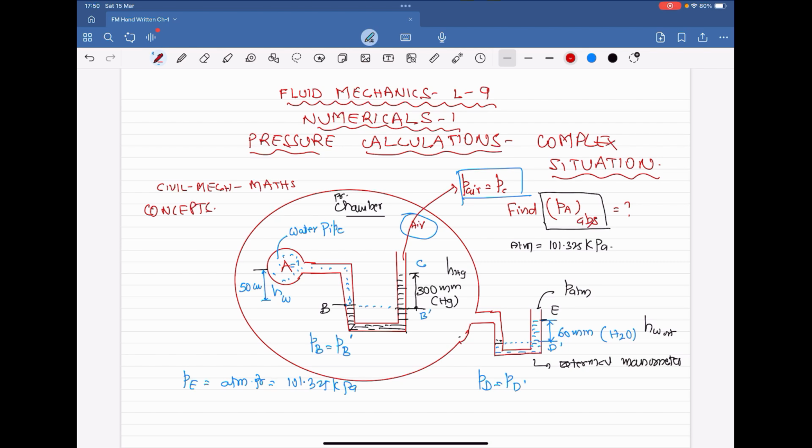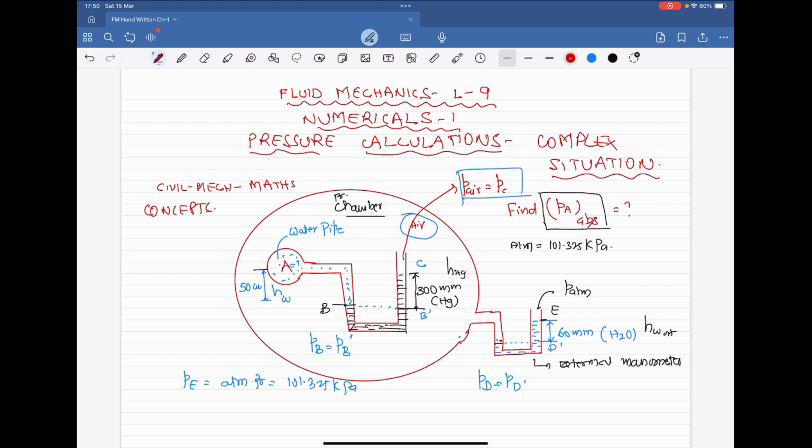Now we have to find out the pressure of the water inside the water pipeline, the absolute pressure of the water inside the water pipeline.